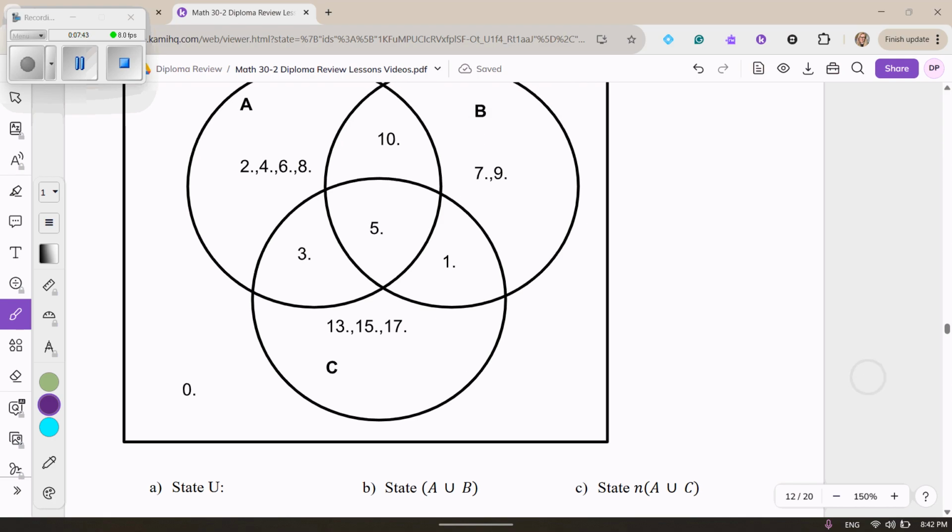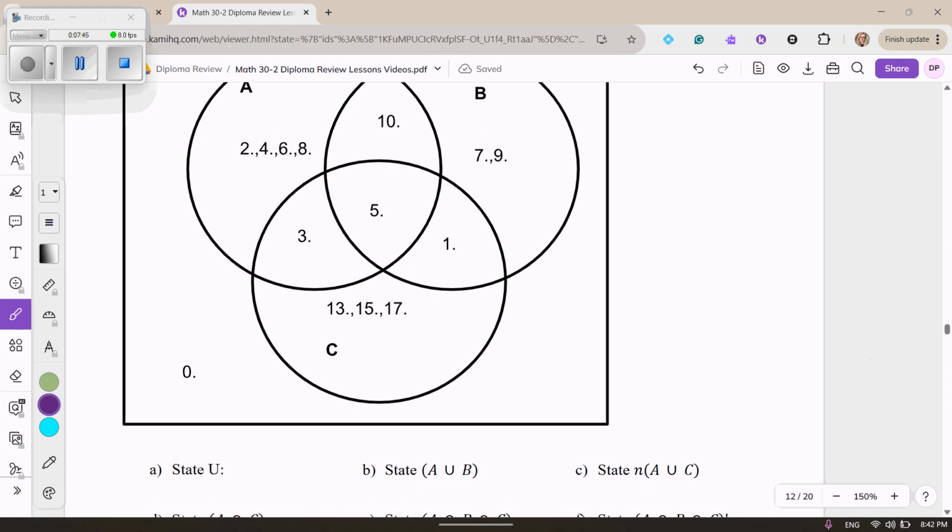Okay, so first question says state U. So that U, that's representing the universal set. So I need to list everything in all of the circles, including the outside.